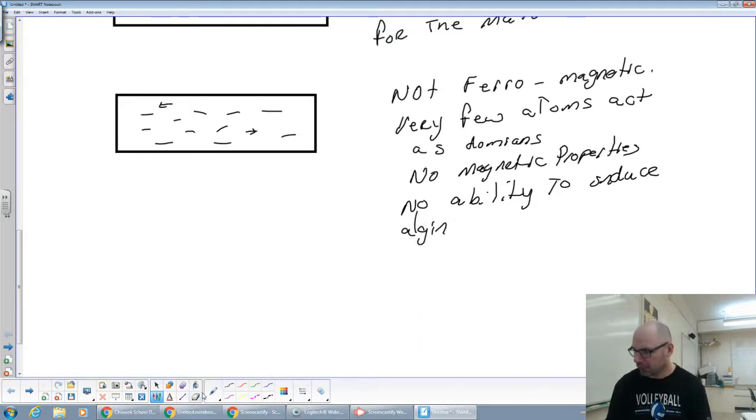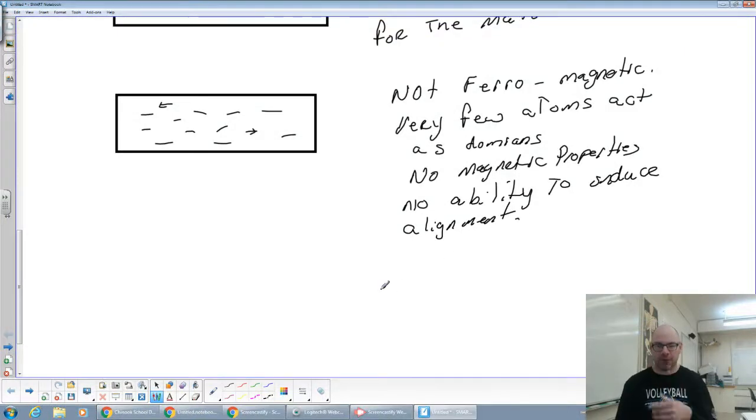Oh, I spelled that wrong. Where's my eraser? There you are. Okay, so you can't really align them either because there's no domains in there.